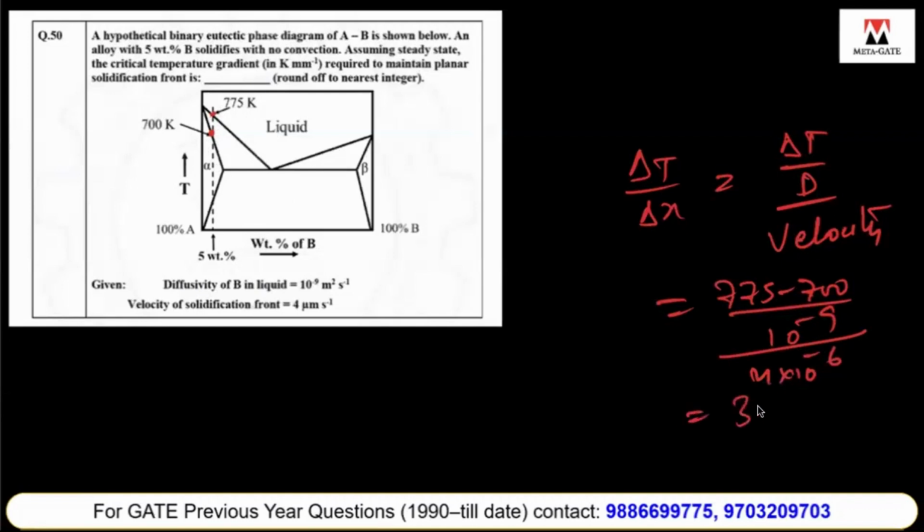So what is asked is the delta T is 775 minus 700 by diffusivity is 10 power minus 9 by velocity is given as 4 into 10 power minus 6 micrometer per second. So it is given as 30000 Kelvin per meter. So it has asked in Kelvin per mm. So you can write as 300 Kelvin per mm. So answer is 300.